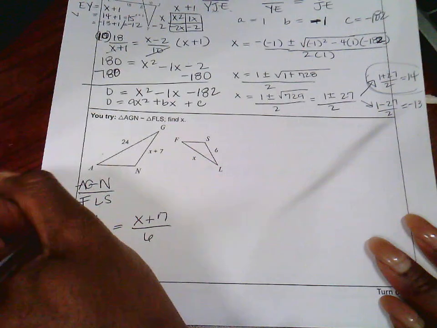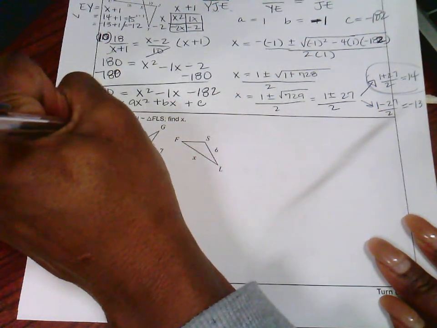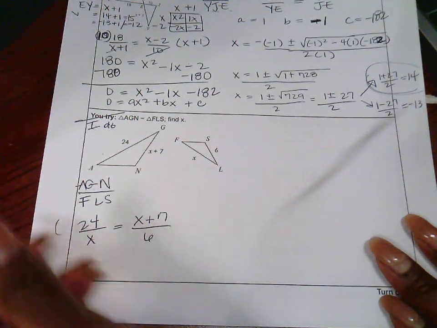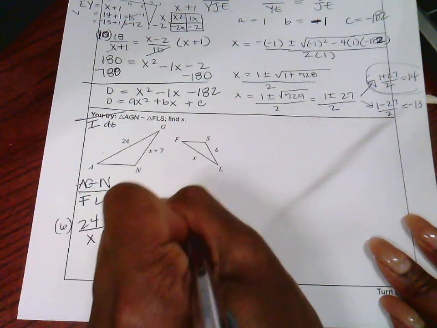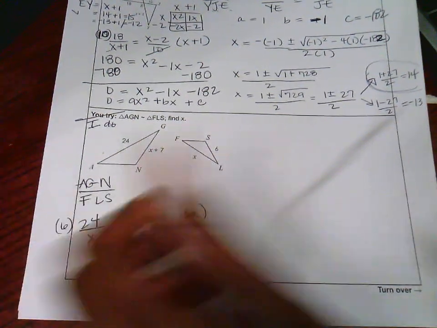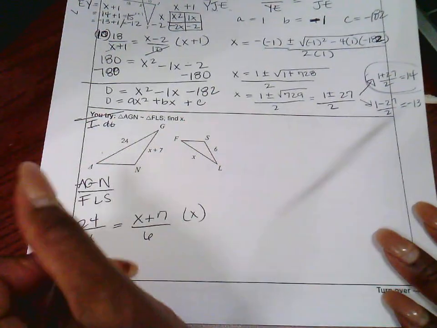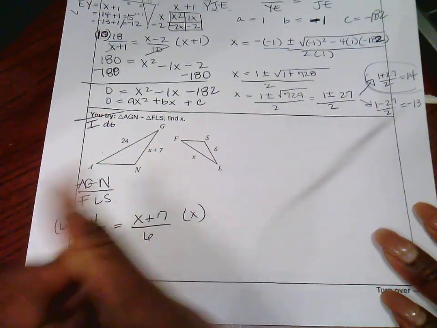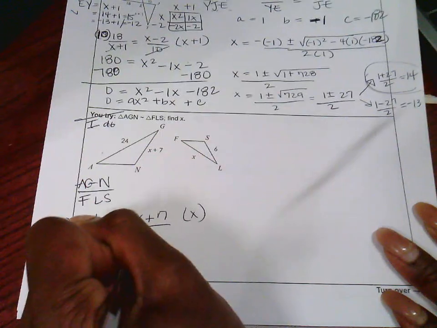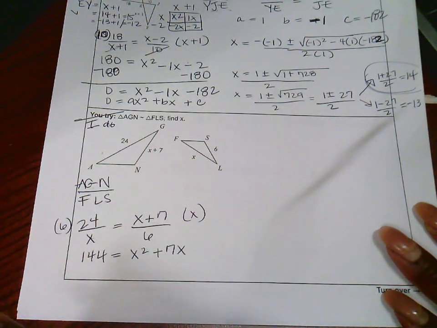Remember, we multiply both sides. This is the one I do, and you'll try the next two on your own. You multiply by 6, multiply by x. This gives us 24 times 6 is 144, which equals x squared plus 7x.